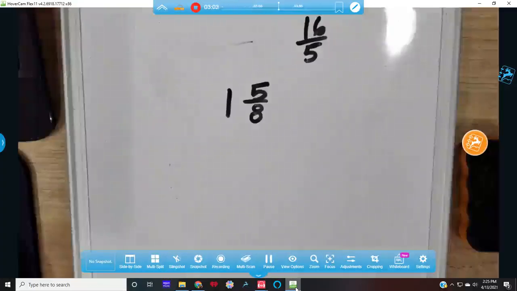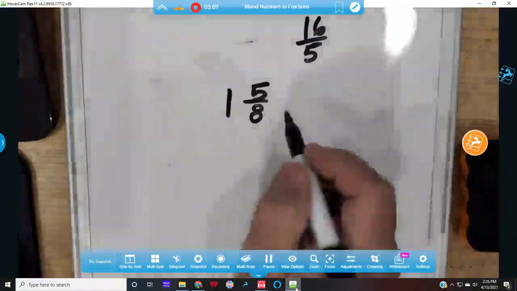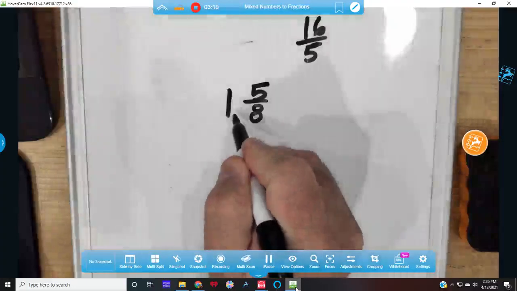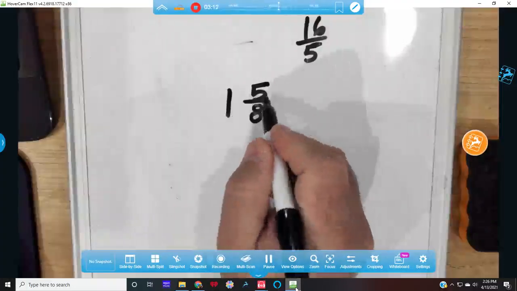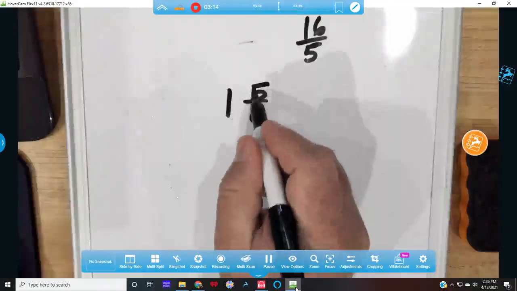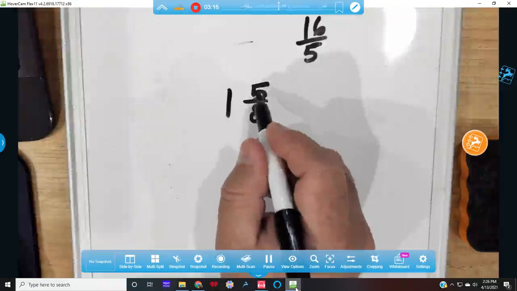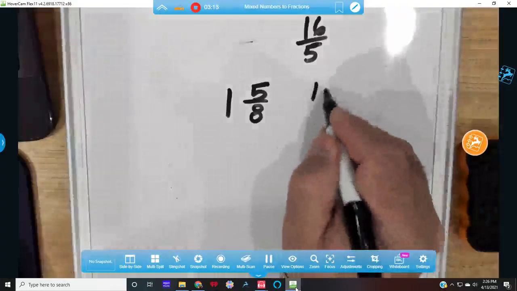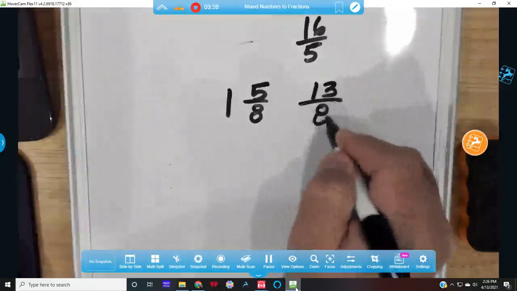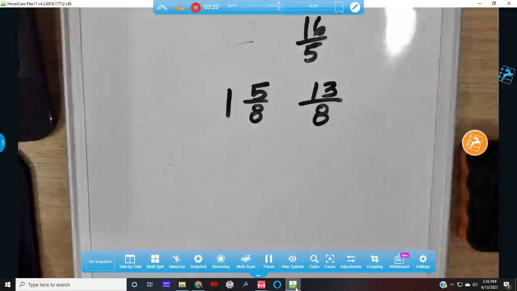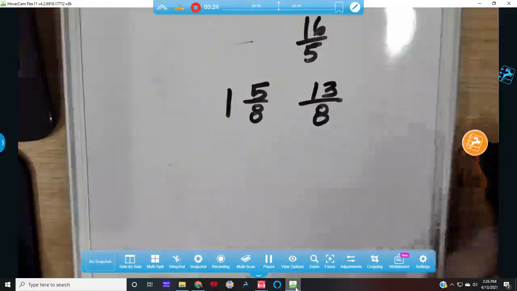Okay, so I don't know where the 16 or the 5 came from. But if we take 8 times 1, it's 8, plus 5. 8, 9, 10, 11, 12, 13. 13/8.